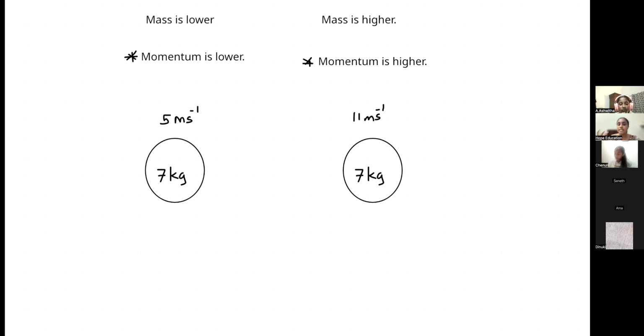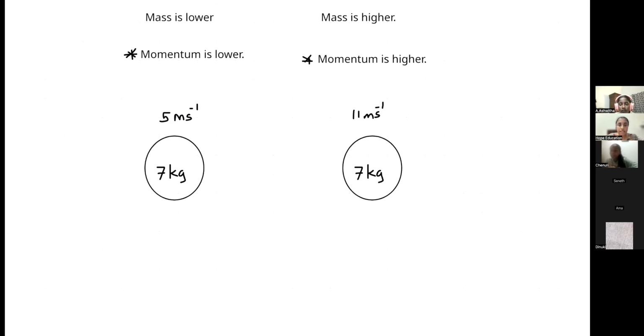Because they are both the same mass. If both have the same mass, the one sent at you harder is more difficult to catch. If it's sent slowly, it's comparatively easier to catch. But if it's sent at you with a greater speed, it is a bit more difficult for you to catch, right?